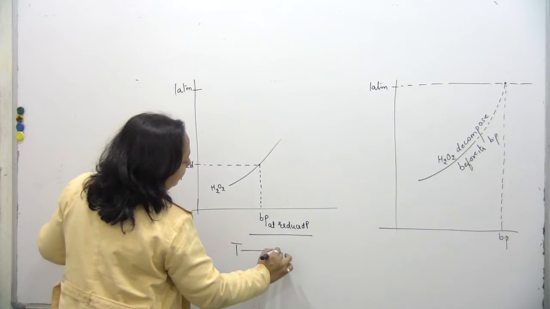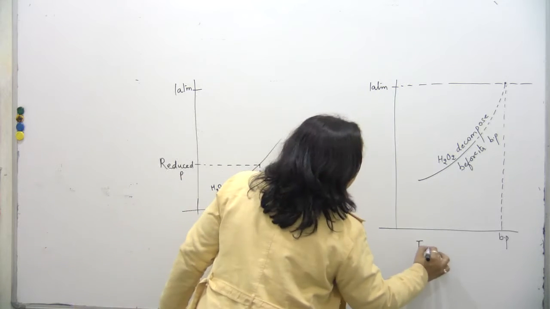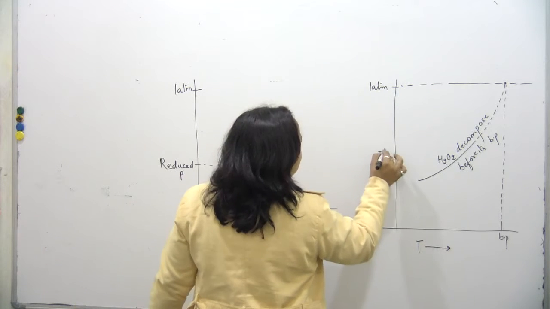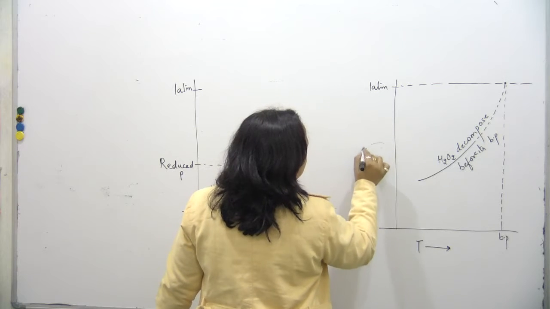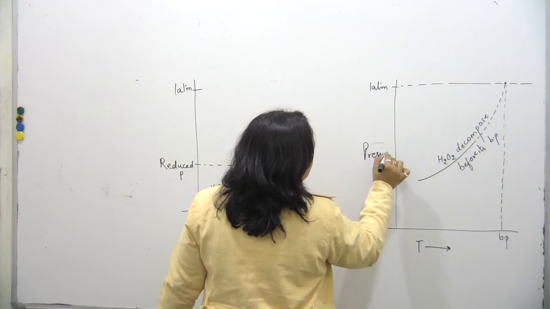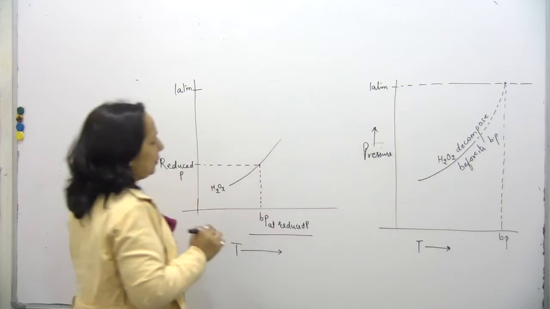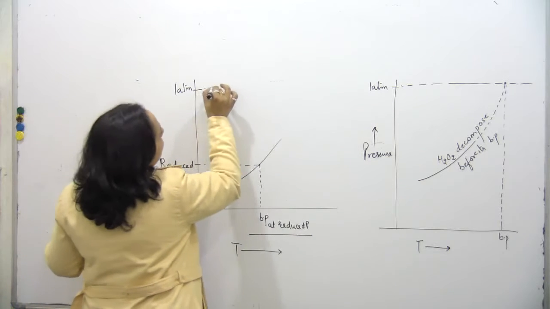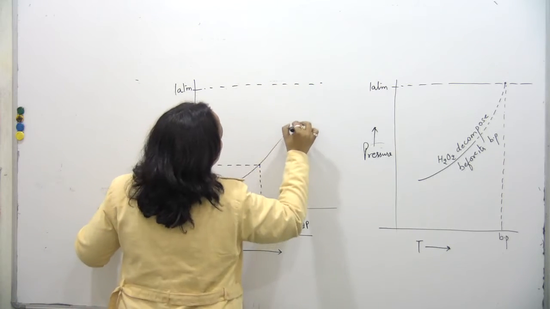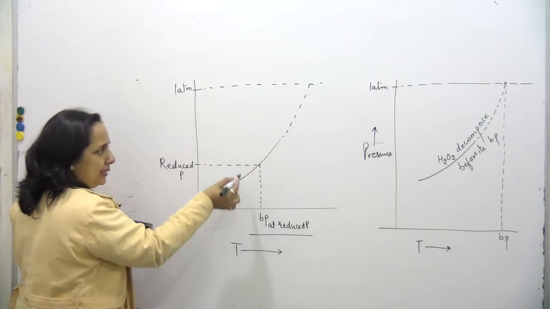On the lower side we have temperature and on this side it is pressure. As we can't reach this value, we boil this liquid quite earlier.